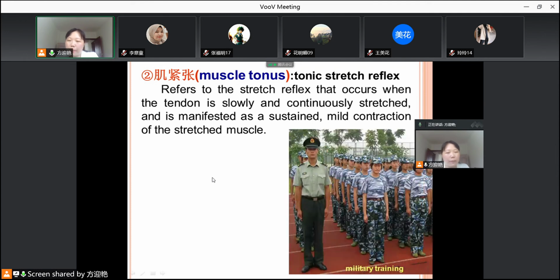Like when students do military training, they should hold many kinds of postures, such as standing straight, and must resist gravity, which needs many muscles to contract. This contraction is mild and keeps on for a long time. So we call this muscle tone. And then.